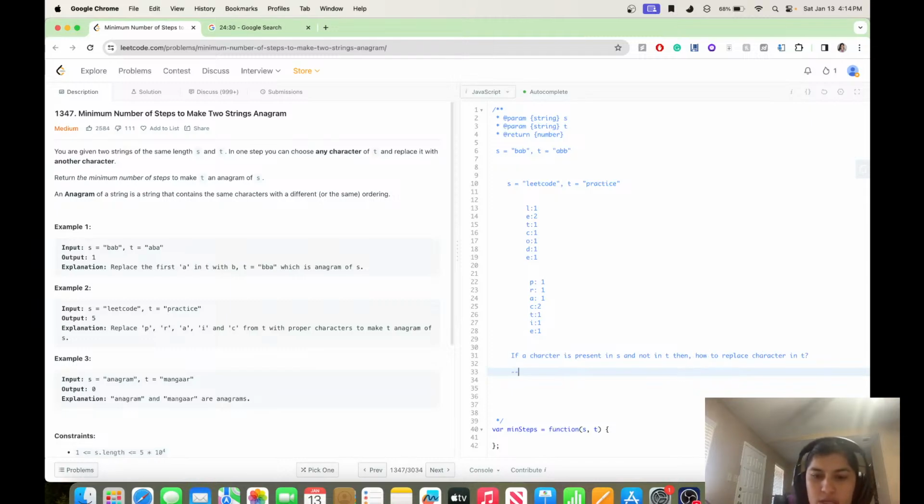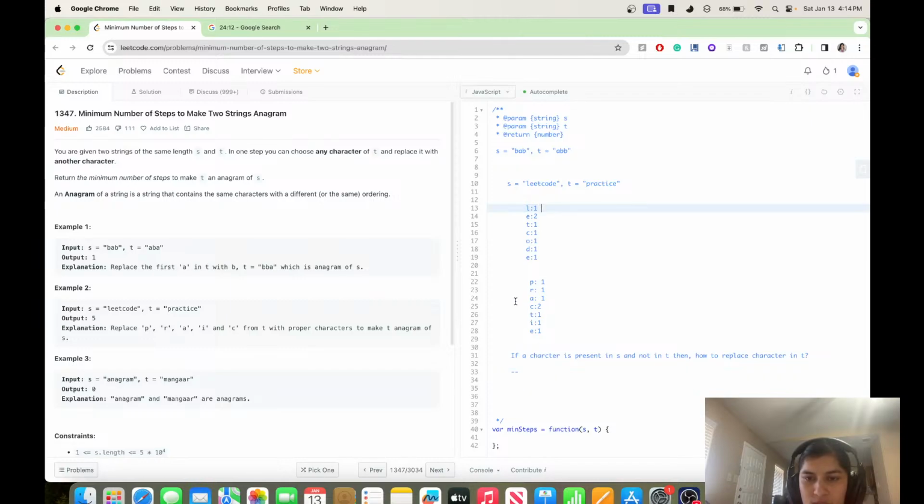So basically we only want to know the minimum number of steps only. We do not want to know which character we are replacing it with.